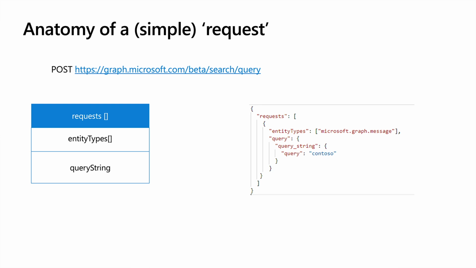One significant difference with many other Graph workloads is that mostly on Graph today, you do a GET to fetch content and you do a POST to update or create content. Here, we take a little bit of a different stance and we are actually sending a POST to get content.